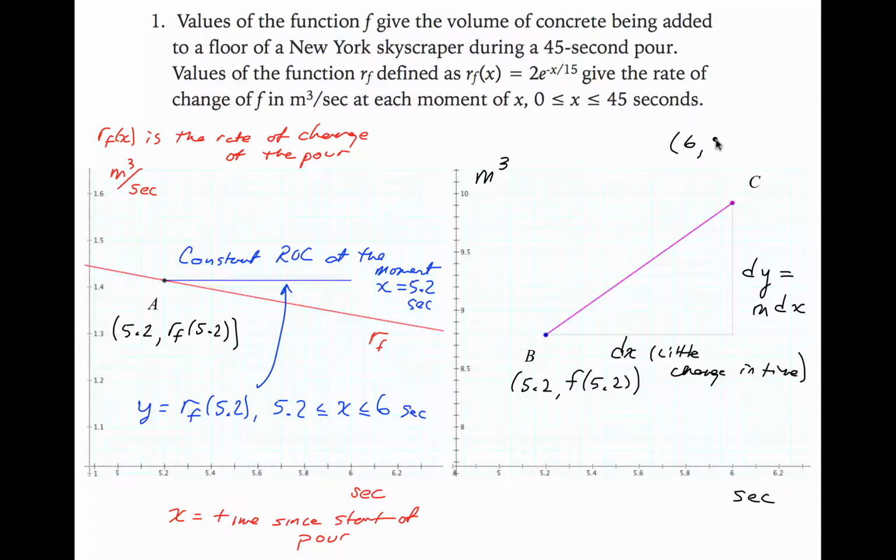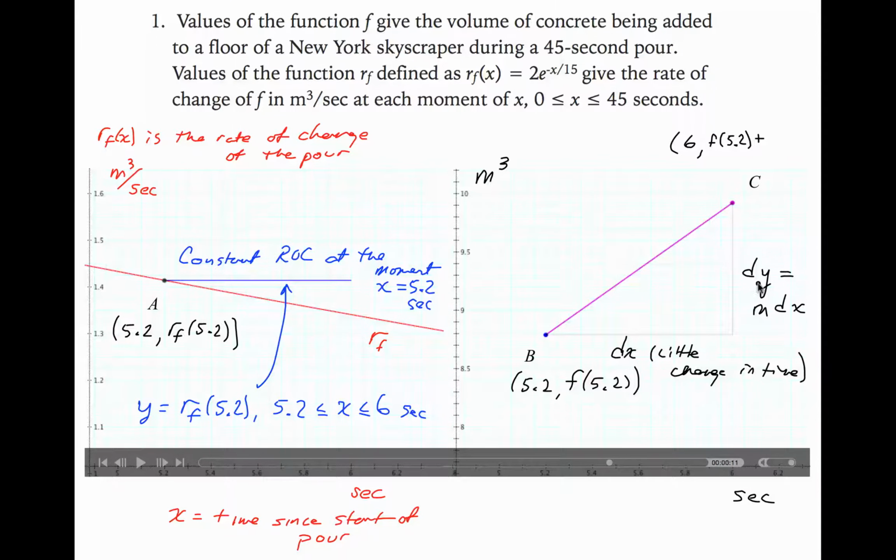So it would be F of 5.2 plus dy. And what is dy? dy is calculated by m dx, the constant rate of change times the change in x. That constant rate of change is r, the constant rate of change at the moment that we used, r sub f of 5.2.